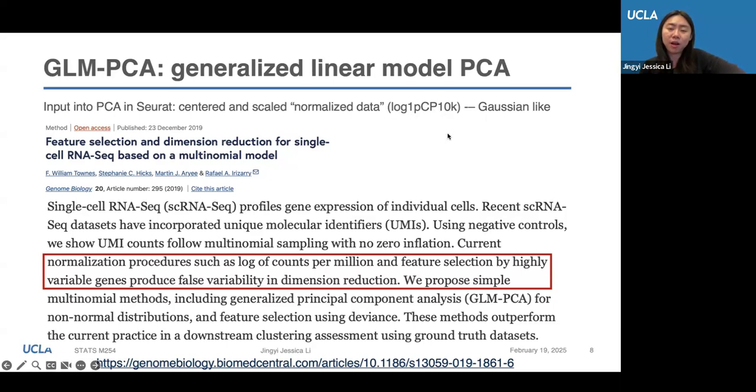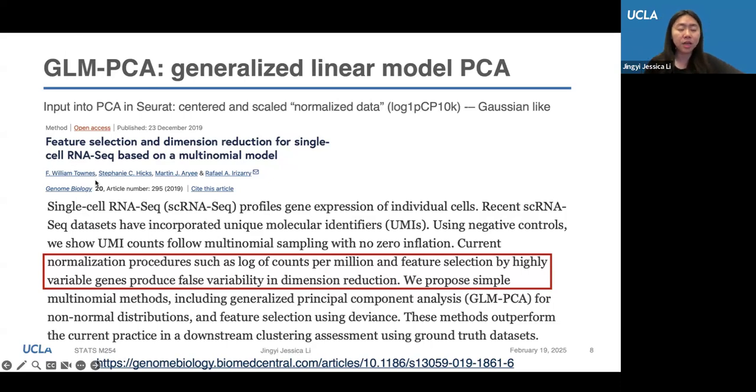Then you add 1 to each CP10K value, and then you take log. The plus 1 is to avoid log 0. And 0, after you add 1 to it and then take log, will stay at 0. That's the reason. People observe empirically that such data are more Gaussian, more bell-shaped, if you look at each gene's value in different cells. So they input such data into PCA.